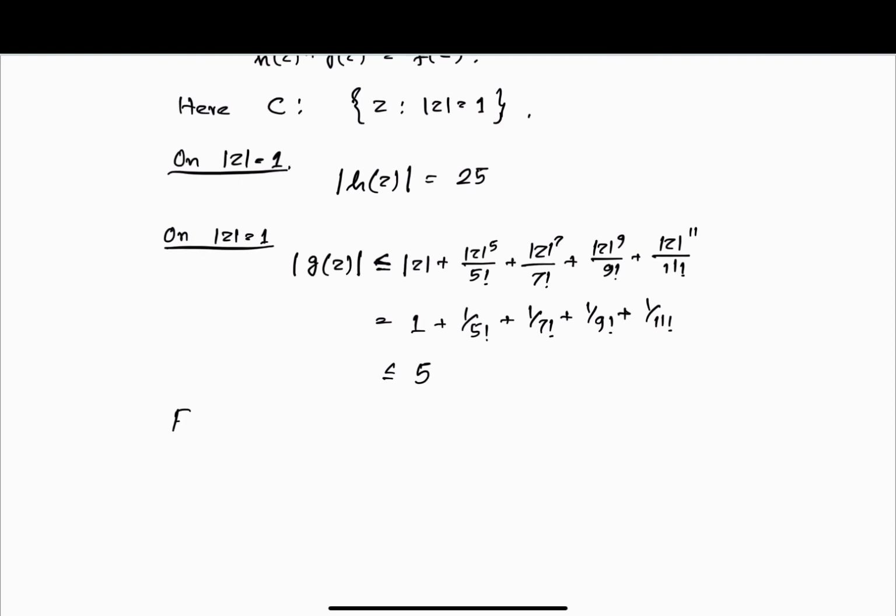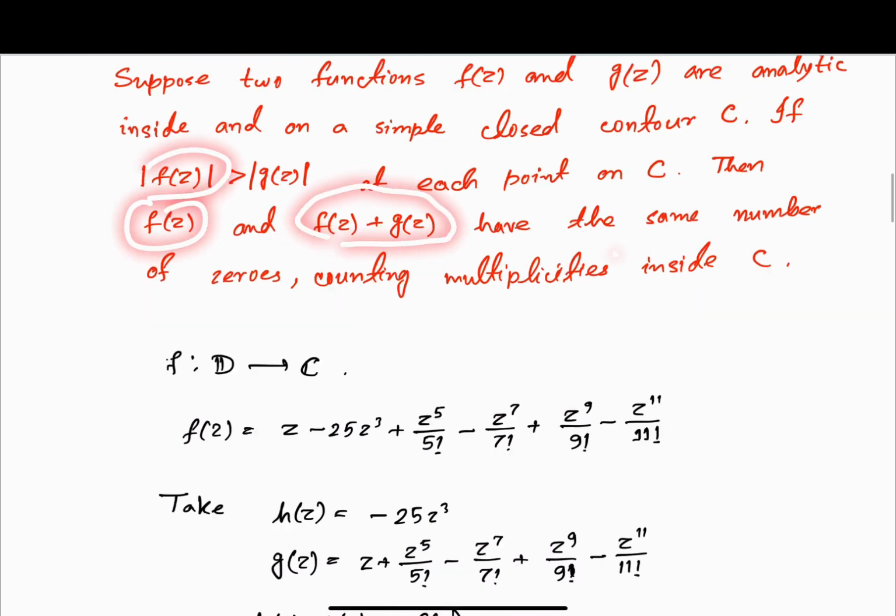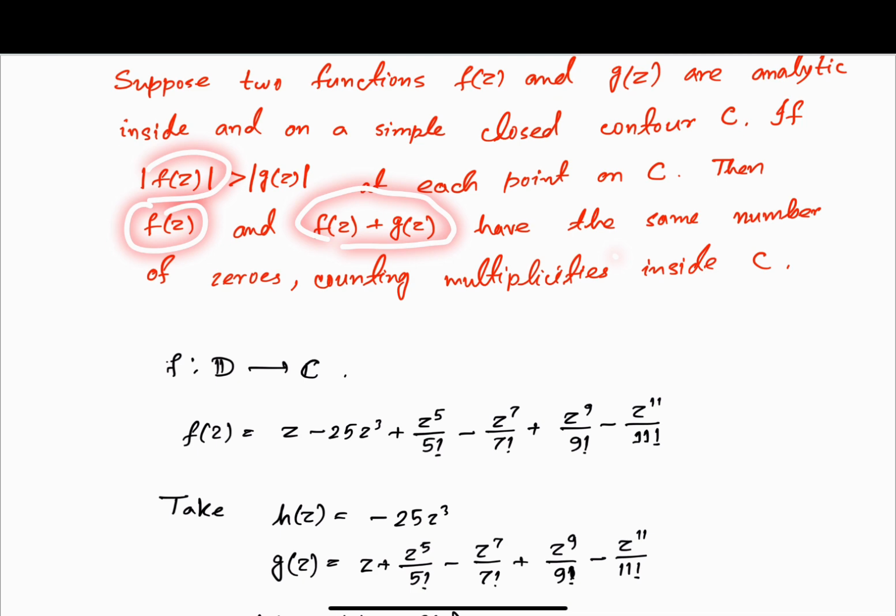So from these two, we get mod g(z) is strictly less than mod h(z), on mod z equals 1, right? So now look at Rouché's theorem. It is saying that if two functions satisfy this strict inequality on a certain contour, then inside that contour, this function and f plus g have the same number of zeros, right?